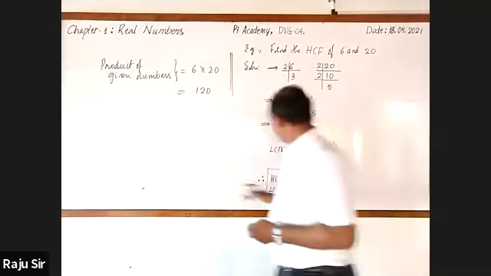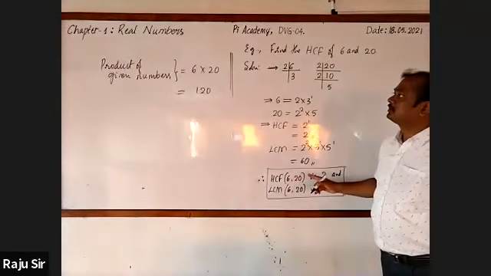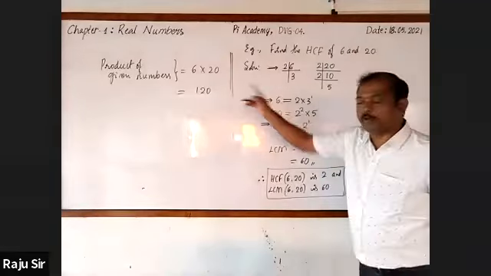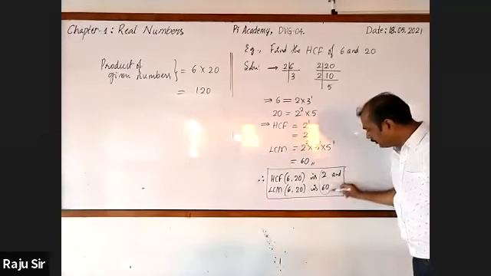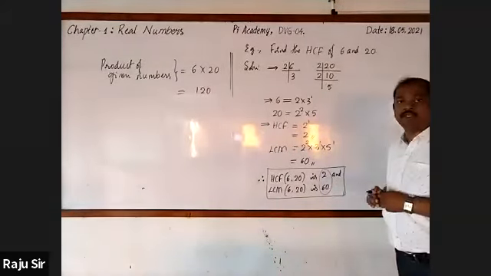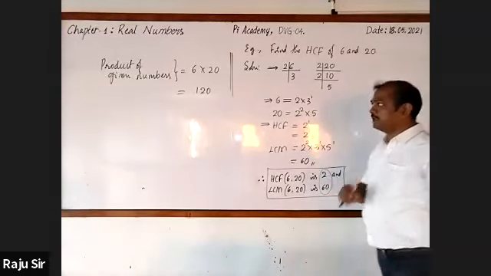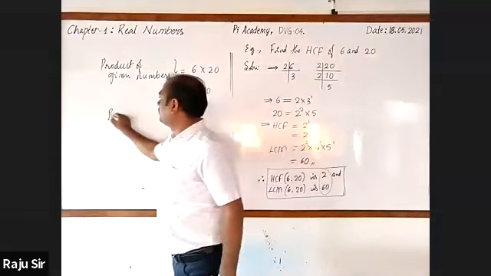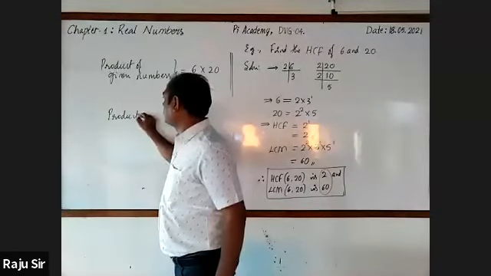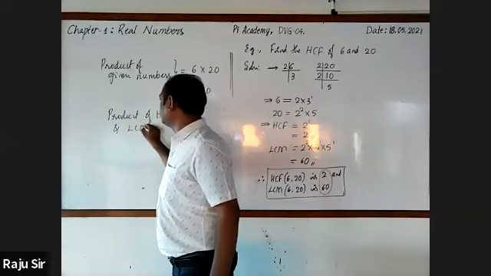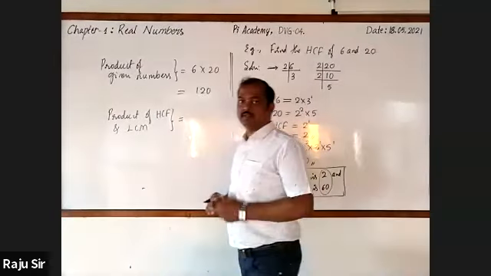Next, the numbers. These are the given numbers. We have found out their product, and even we have found out their HCF and LCM. Let us find out the product of HCF and LCM of the same numbers.